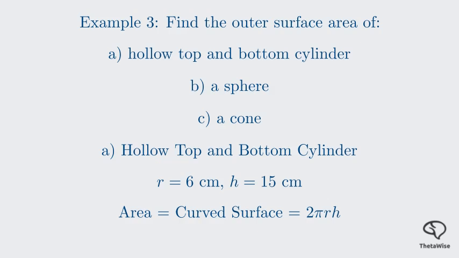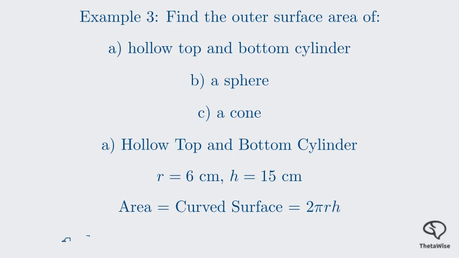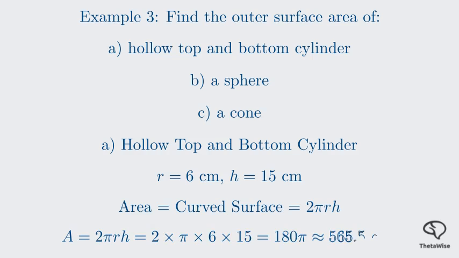We only need the curved surface area. The formula for the curved surface is 2 pi r h. Plugging in our values, we get 2 times pi times 6 times 15. This calculates to 180 pi, which is approximately 565.5 square centimeters. So, the area of the side of this cylinder is about 565.5 centimeters squared.